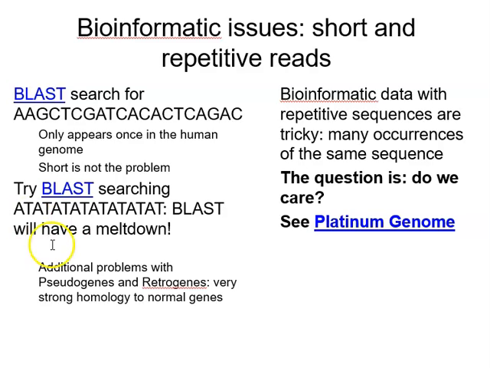And in addition, we've got pseudogenes and retrogenes, which have very strong sequence homology with normal, proper genes, I'll call them. So this can cause problems, as retrogenes are often base for base identical to the true proper gene from which they were copied.